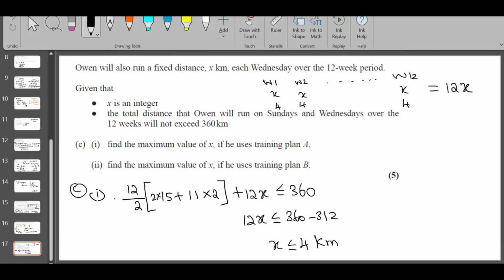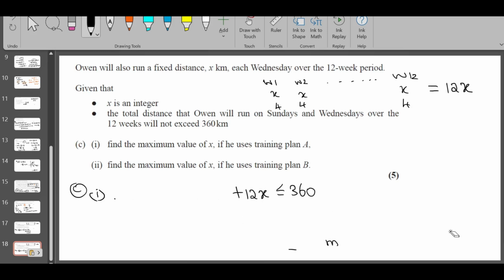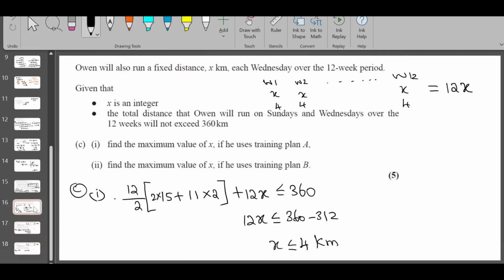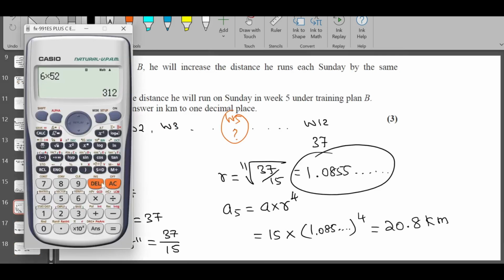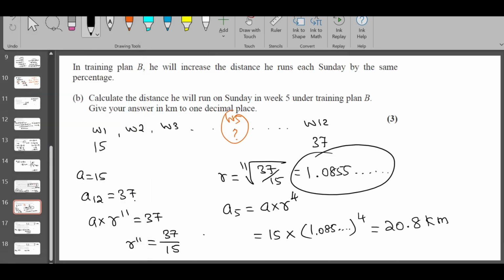We need to do the same thing for plan B now. Now for plan B, we need to find S12. S12 is, the formula is a times r to the power n minus 1, divided by r minus 1. What's the value of r? 1.0855, I think I stored the value here. Yep. Okay, great.